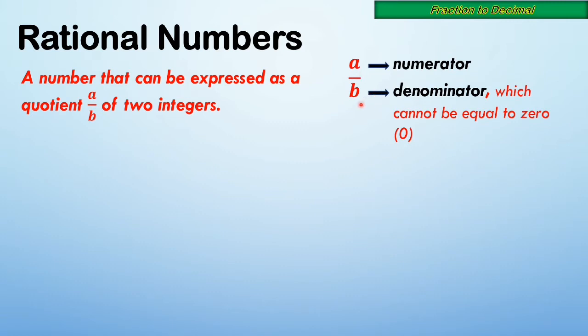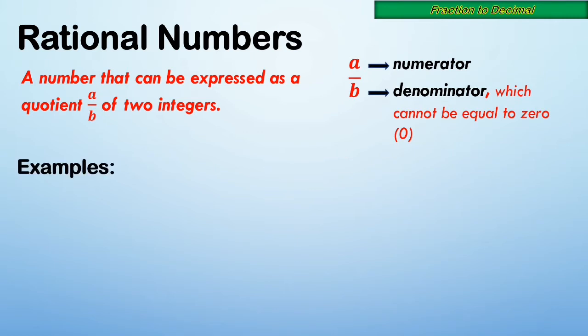Okay? Laging tandaan na ang b o ang denominator natin hindi pwede maging 0. Pwede siya kahit anong negative numbers, basta hindi siya pwede magiging 0. Kapag a over b, makikita natin ang number na ganyan yung itsura, then we are saying that that is a fraction.